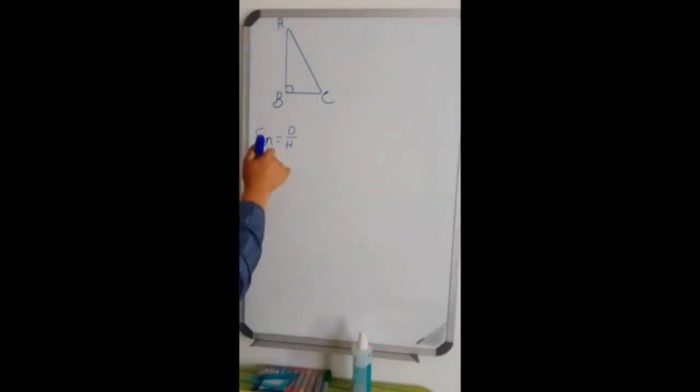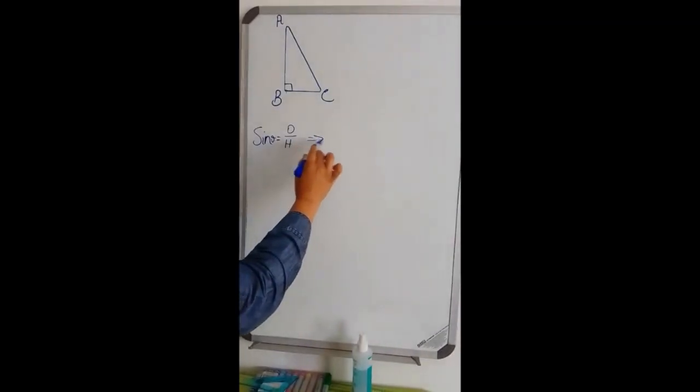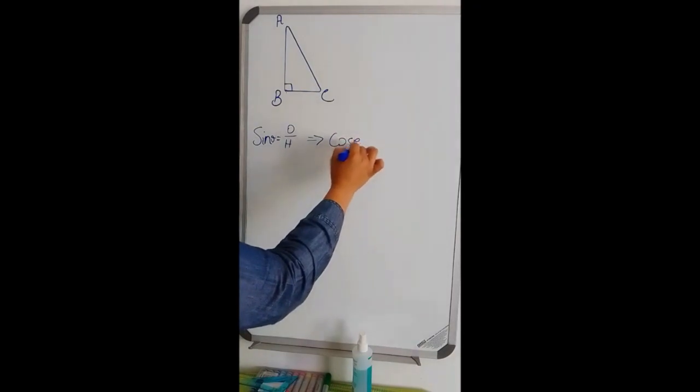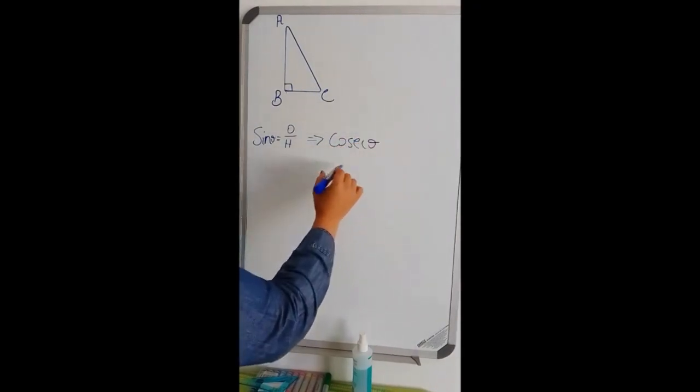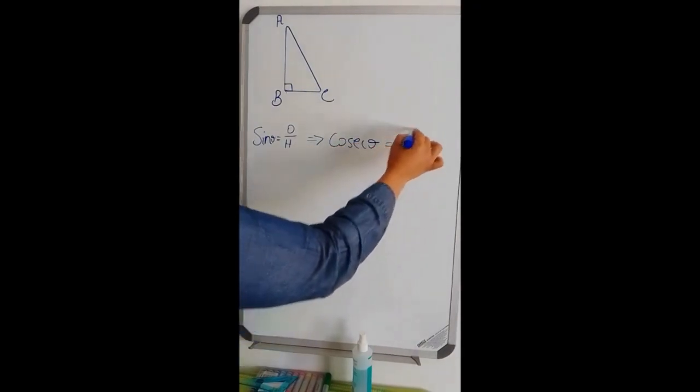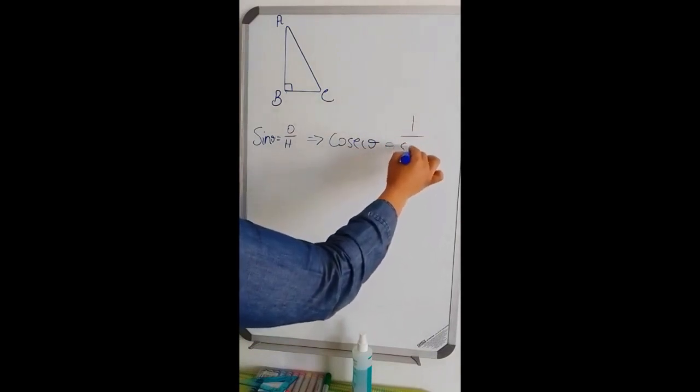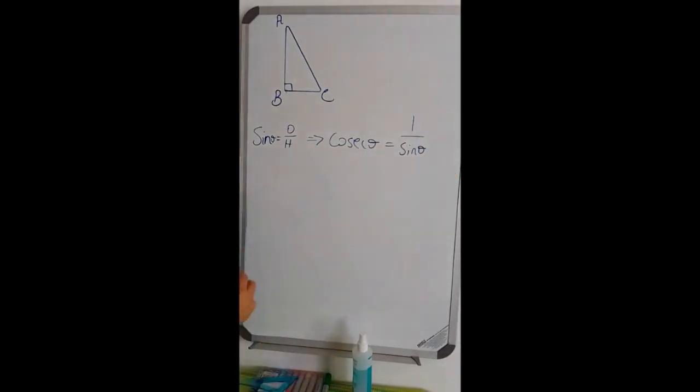So what is the reciprocal of this sine? Let's have a theta over them. The reciprocal of the sine ratio is called cosec theta. Okay, this we can refer to as 1 over sine of theta.